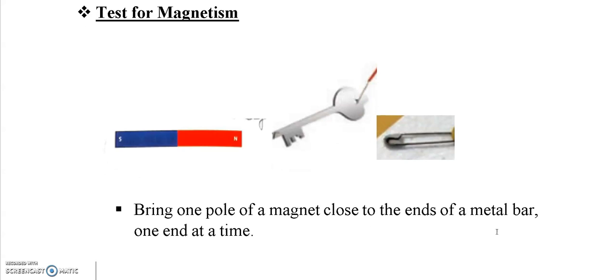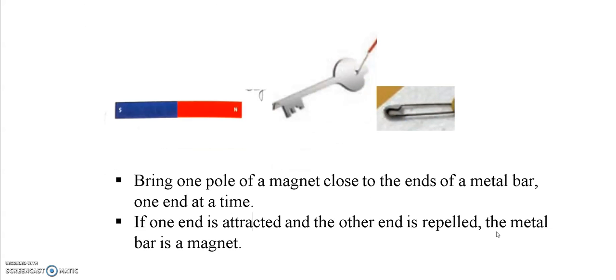Then if one end is attracted and the other end is repelled, we can say that the metal bar is a magnet. So just by attraction, we cannot say that a particular substance is a magnet or has magnetism in it.